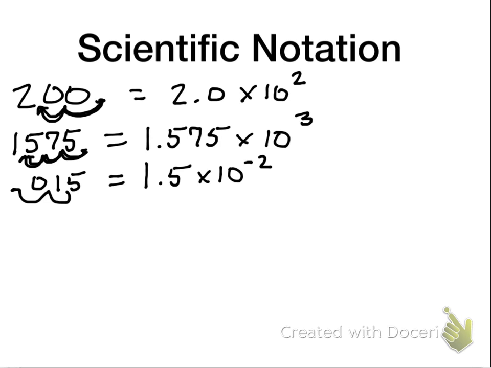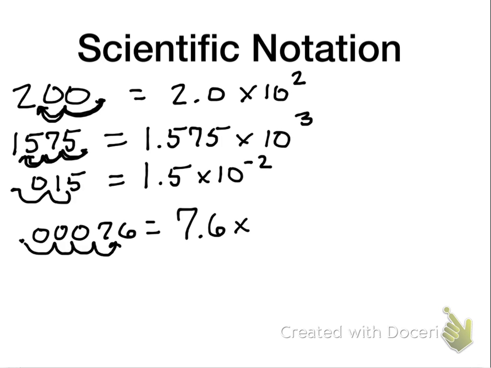Let's do one more. If we had 0.00076, you would have had to move the decimal 1, 2, 3, 4 times to the right. So it would be 7.6 times 10 to the negative 4.